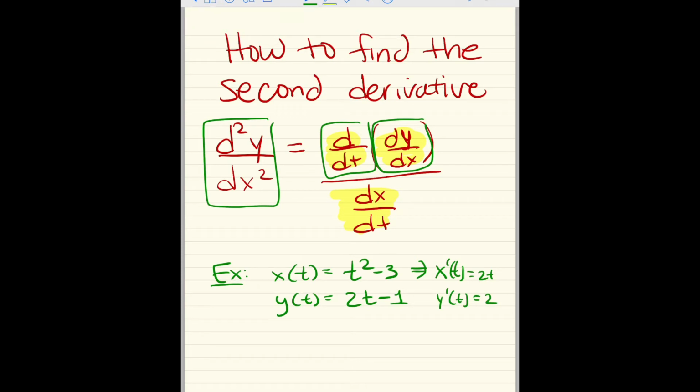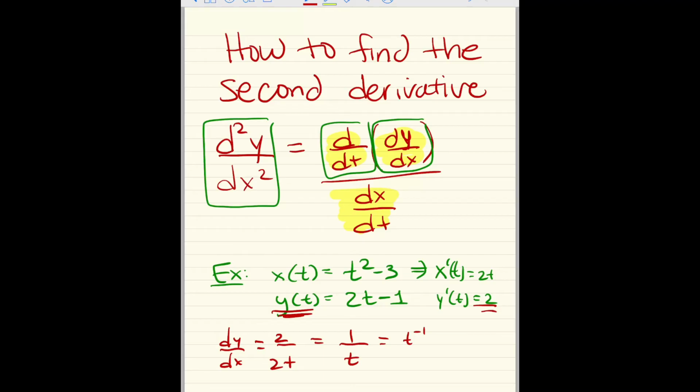So therefore, the first derivative is going to be y over the x, and so you get 1 over t. Now, we know that this could be t to the negative 1.